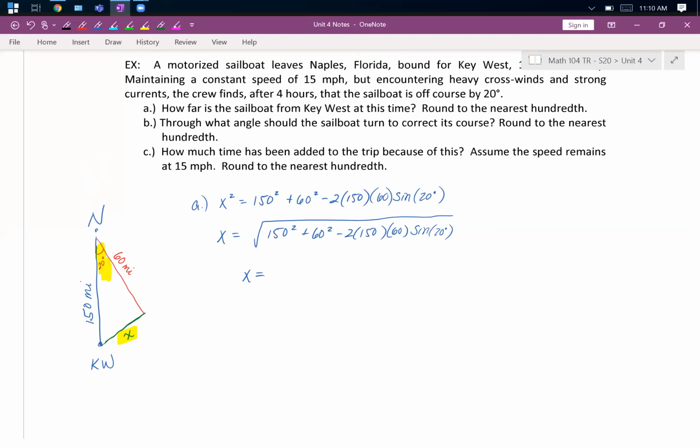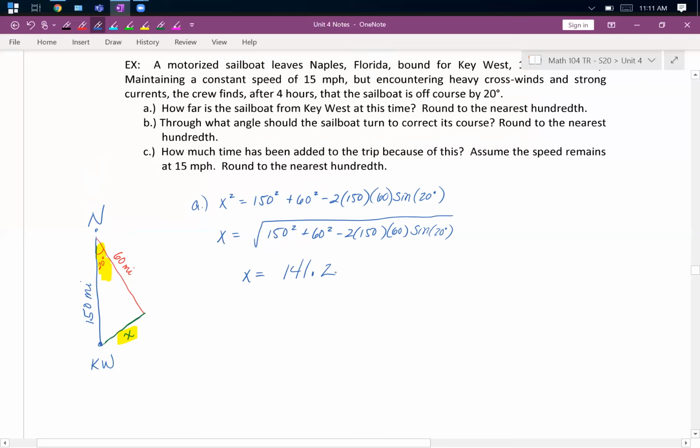Anybody get an answer? I got 141.2. Anybody else get that? That seems like a large number to me. Anybody else with an answer?